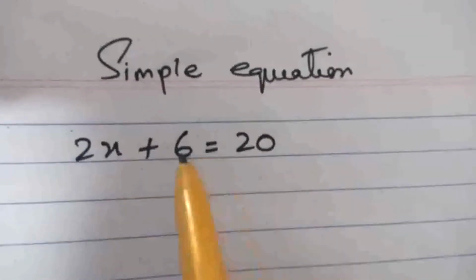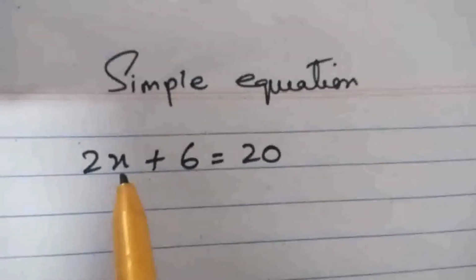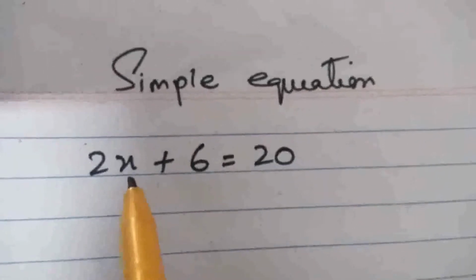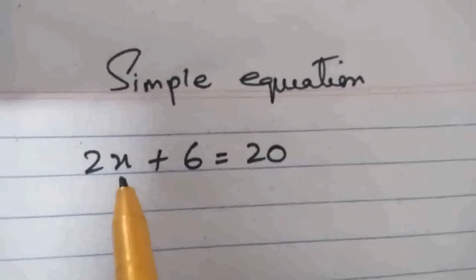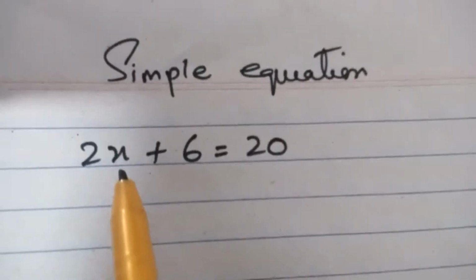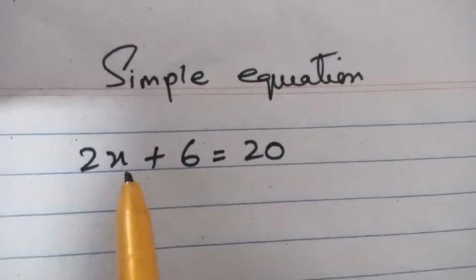And why do we do this? Because in a simple equation there is one variable which is unknown, and we have to find the value of that unknown variable. For that, first of all, we work on those expressions which are indirectly connected with that unknown variable.